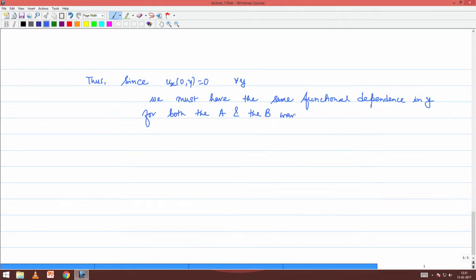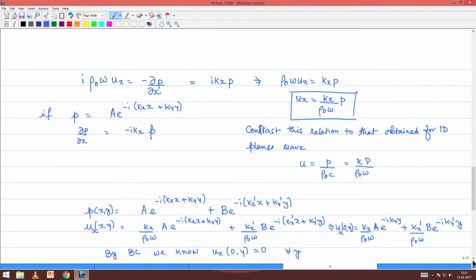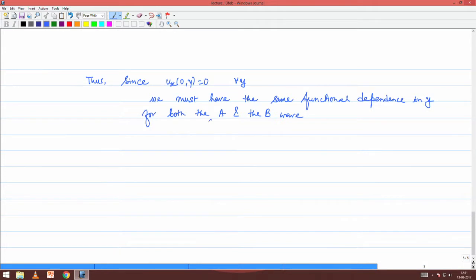There are two waves that we are dealing with, the A wave or the incident wave and the B wave or the reflected wave, right. Both of them must have the same functional dependence.